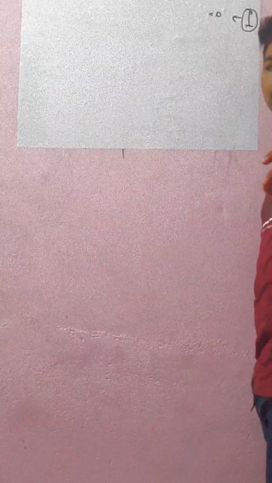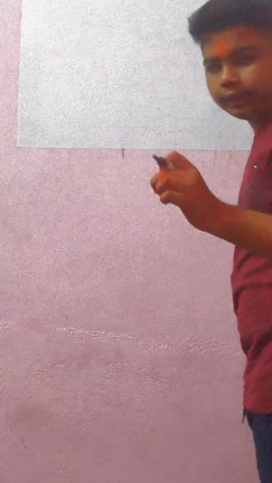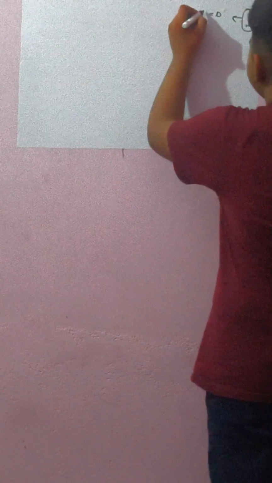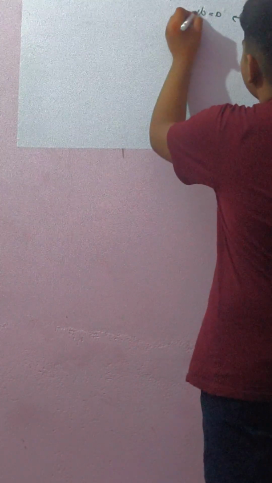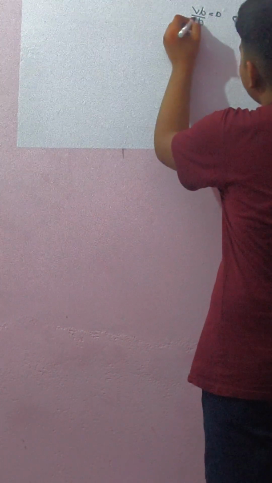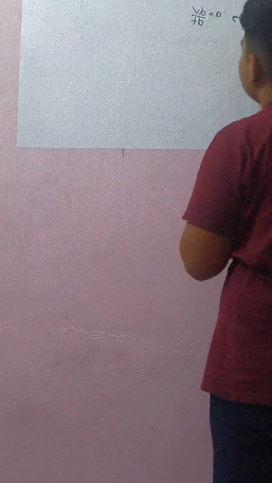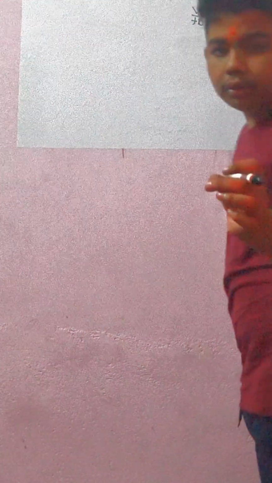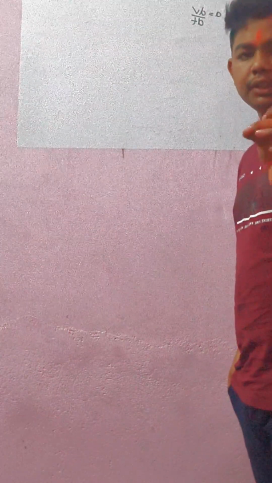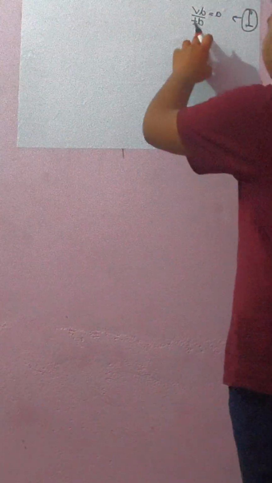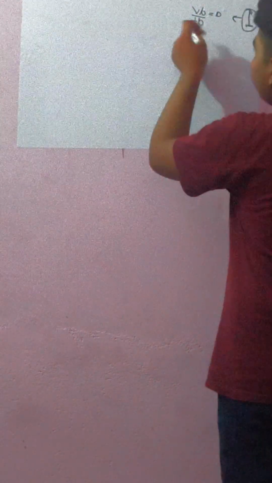Only we will do differentiation of acceleration. Acceleration equals to dv upon dt. Sorry, differentiation of it is integration. We will only do integration of acceleration and derive dv upon dt.